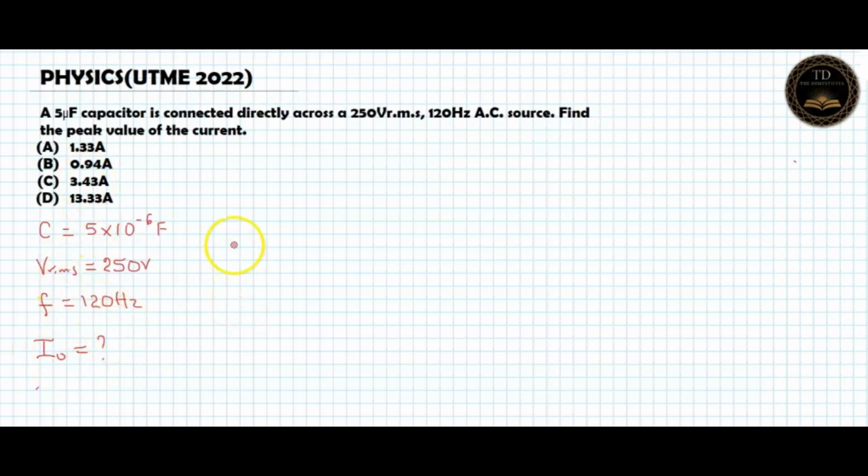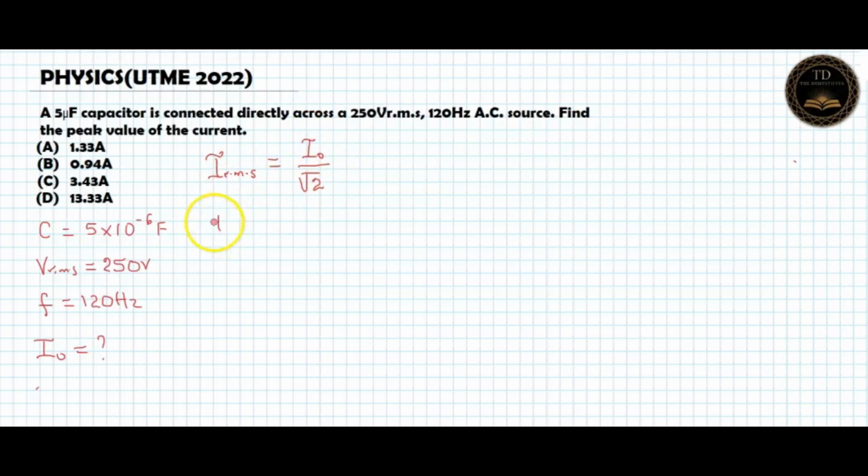Let's start by recalling that I root mean square is equal to the peak current over square root of 2.